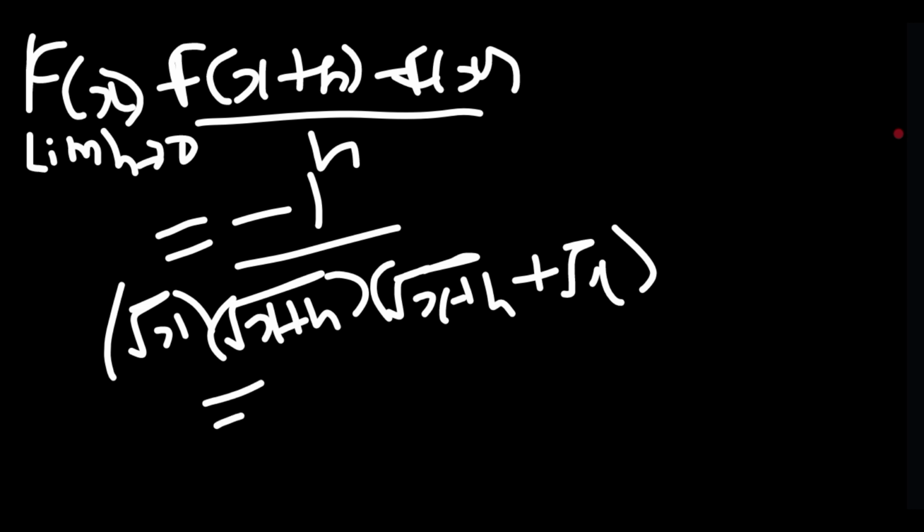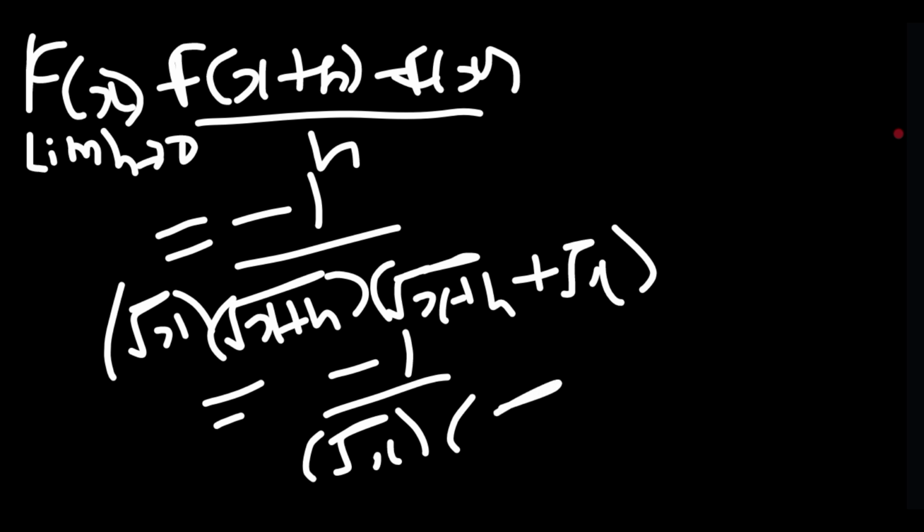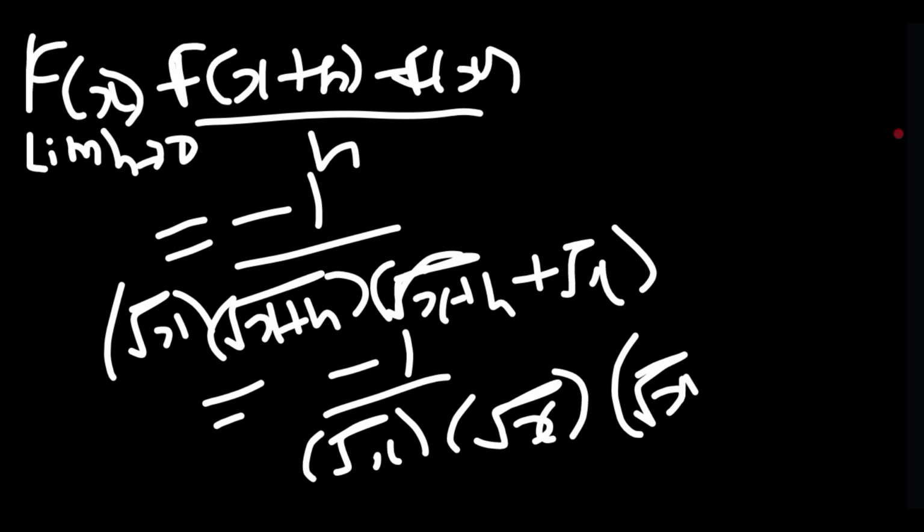So it's going to be equal to minus 1 over square root of x multiplied by square root of x plus h, which is x plus 0, which is x, multiplied by the square root of x plus h, which is going to be x plus 0, which is x, plus square root of x.